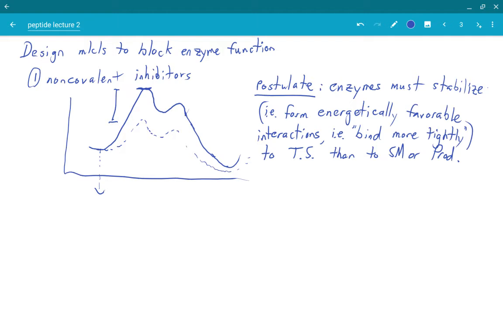And in fact, by stabilizing the starting material, all I'm doing is increasing the total energy to get over the transition state. Right? And so what we're really saying is that the largest energy difference between the catalyst bound state and the free state is going to be at the transition state. Right? That you expect this to be bigger than anything else. Okay, so that's the postulate.